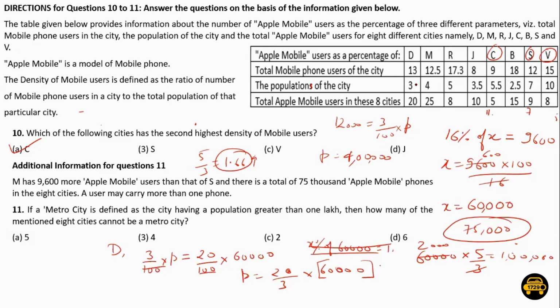So let's see for how many cities this is the case. The 20 by 3 is of course greater than 1.66. Again, 25 by 4 is also greater than it. 8 by 5, we need to find out. 8 by 5 will be exactly 1.6. It is lesser than 1.66. So city D is more than 1 lakh, M is more than 1 lakh, R is not. Now 10 upon 3.5 is, of course, greater. 5 upon 5.5 cannot be.